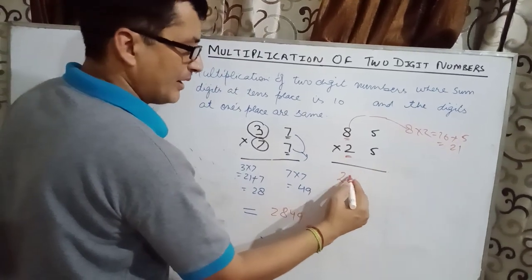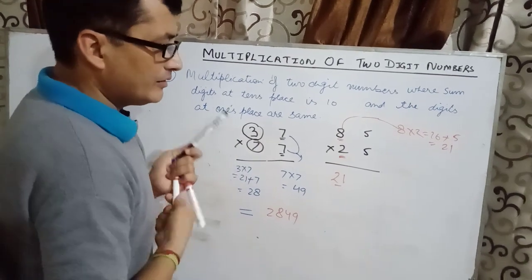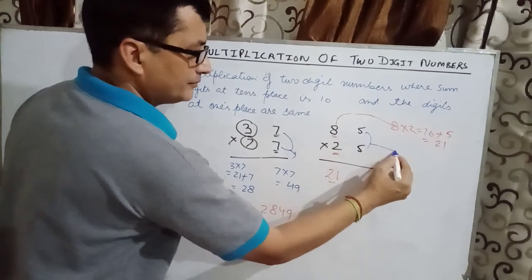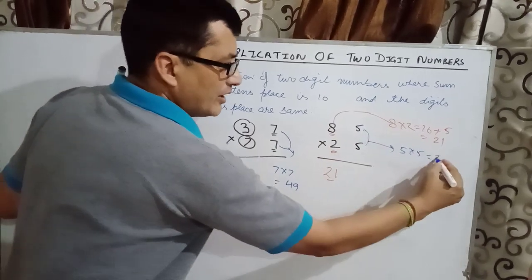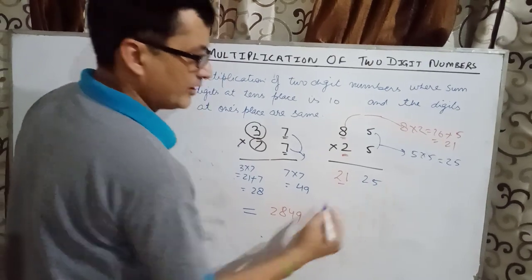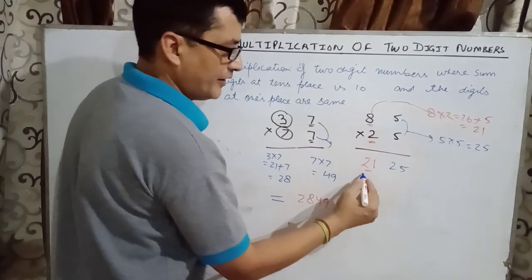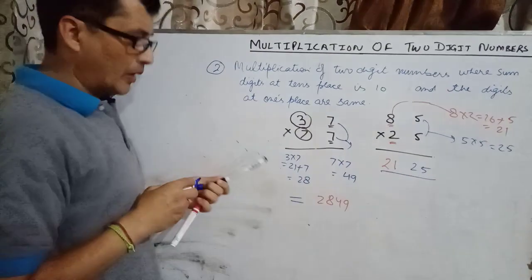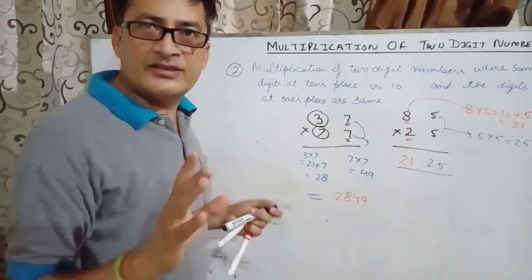So here you will get 21. Understand? Then the common digits, 5 into 5 in the ones place, you have to find the product of it, that is 25. So what to write here? 25. So it means the product of 85 and 25 is 2125. Understand students? Isn't it easy?